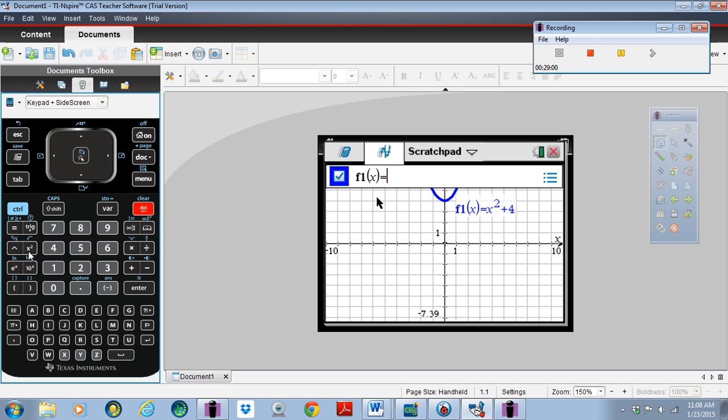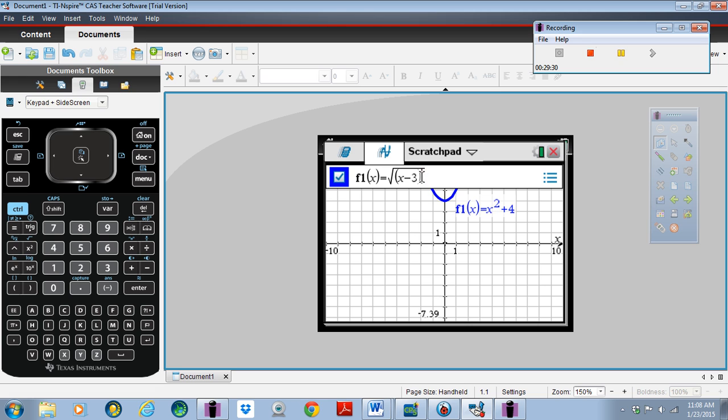Okay, and we have the square root. Put it in parentheses. x minus 3, then move outside the parentheses but not outside the radical.